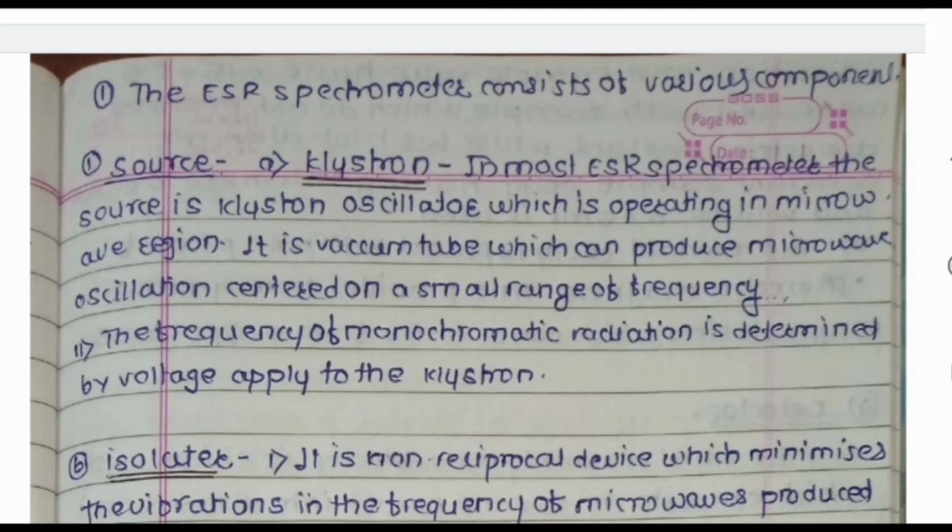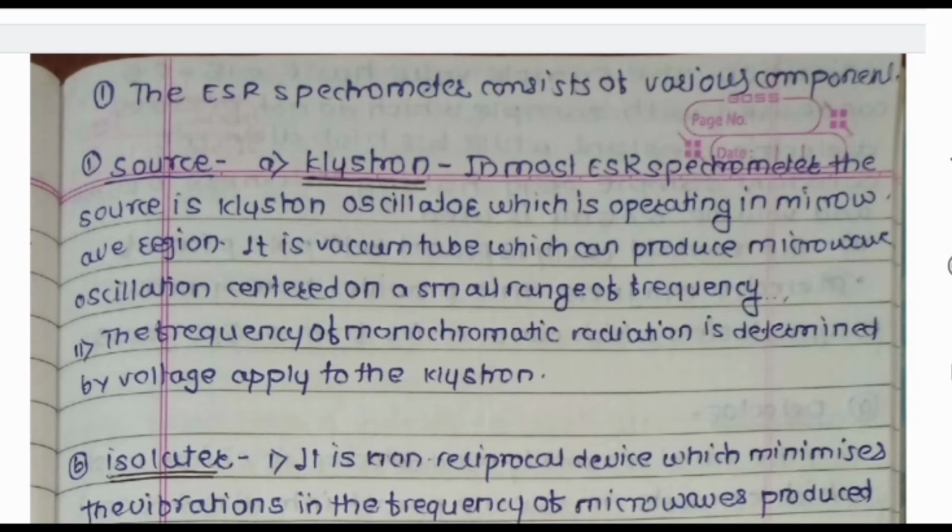The frequency of monochromatic radiation is determined by the voltage applied to the klystron source, and generally a 300 milliwatt power source is used for the generation of microwave radiation. The klystron tube, which acts as the source of radiation, is stabilized against temperature fluctuation by immersing the tube into an oil bath or by forced air cooling.